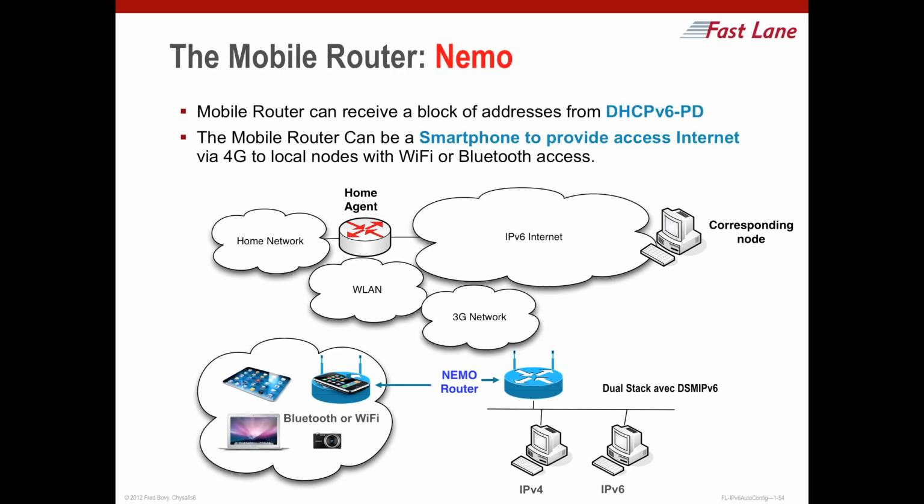It can be an iPad or a notebook or camera, and wherever you go, your mobile router is moving with you. And again, thanks to mobile IPv6, your laptop will not have to log out and log in again every time you move to a new location.